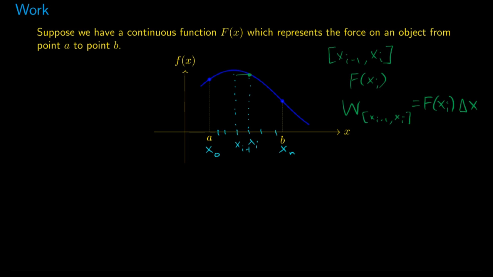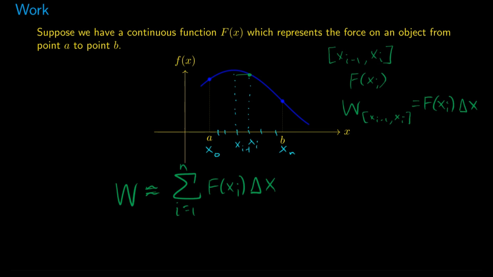So if we want to sum the work done over the entire interval, we're going to say that the total work is approximately, at least, the sum from i equals 1 to n of f of x i times delta x.